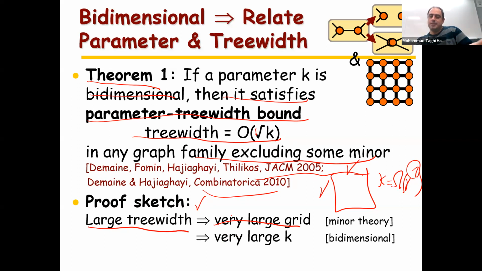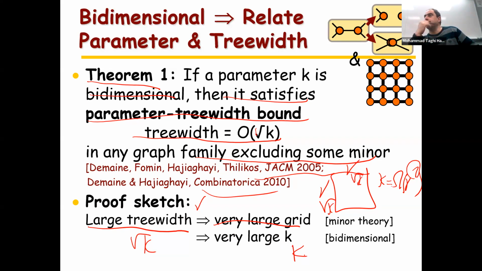So if the treewidth is greater than square root of k, then we know that there is a square root of k by square root of k grid. You should choose constants correctly. Then it means that you should have a solution whose size would be square root of k to the 2, which would be k, which would be larger than that.